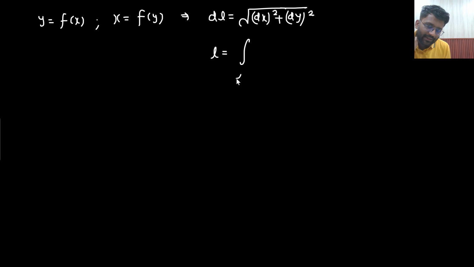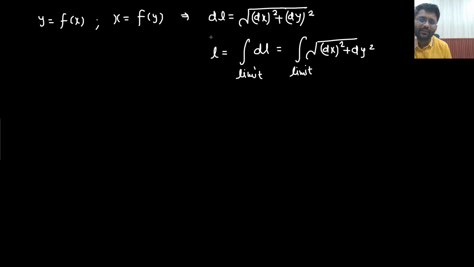What you need to remember is only one thing: the small length dl will be nothing but under root dx square plus dy square. And the complete length is the integral of dl, with some limit you will be putting, which we will see with respect to the question, of under root dx square plus dy square. This will be the answer.